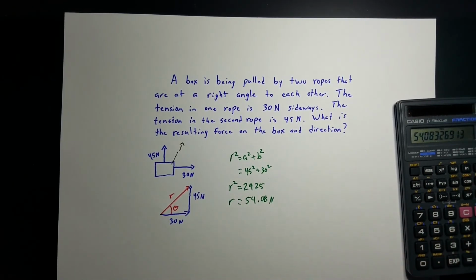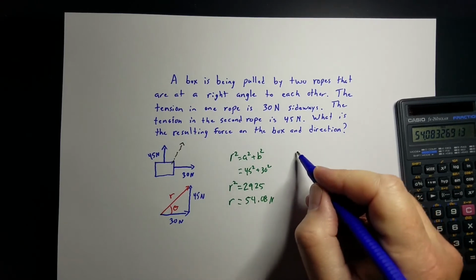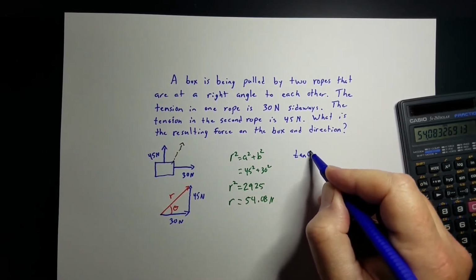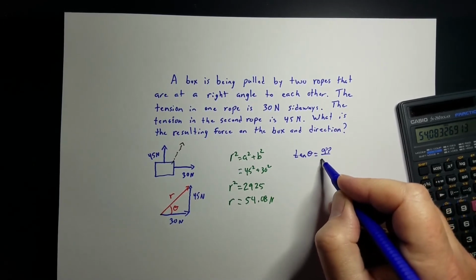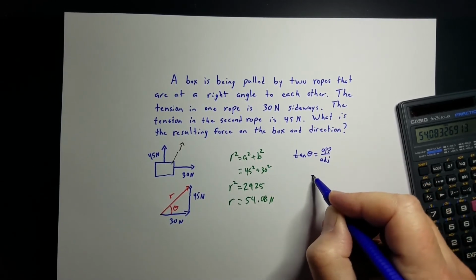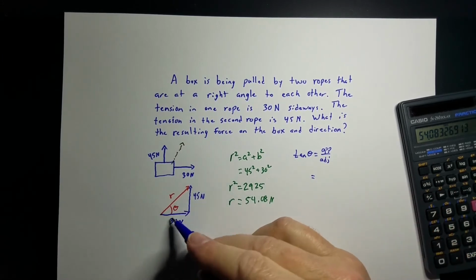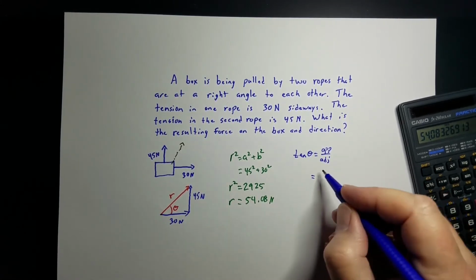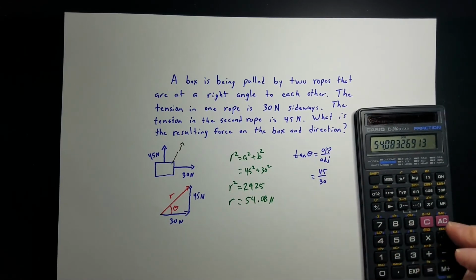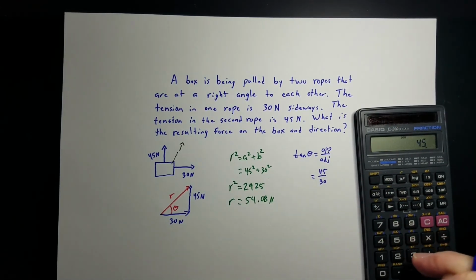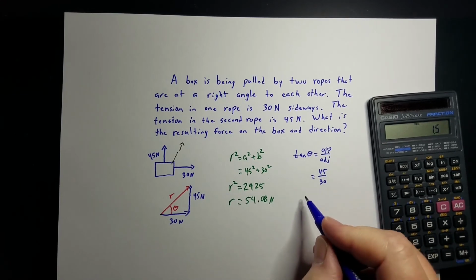And then the angle, we use tangent. Pythagorean theorem and tangent go together, just like sine and cosine go together. So in this case, I'm going to look at my vector diagram. So the opposite side's 45, adjacent's 30, 1.5.